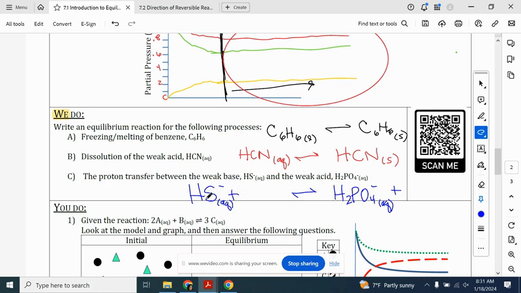So this guy over here is going to be donating a hydrogen. What's left behind? If this hydrogen leaves, what do you have left? S minus.